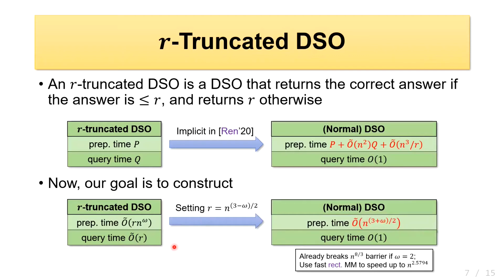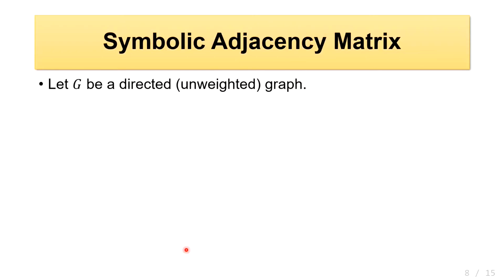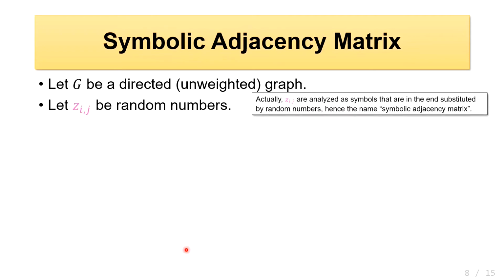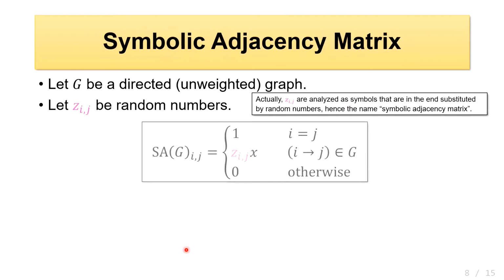Okay, so the main focus of the rest of the talk is how to construct such an R-truncated DSO. And we will use the so-called symbolic adjacency matrix. Let G be a directed unweighted graph. Actually, this technique also works for weighted graphs, but we consider unweighted graphs for simplicity. Let Zij be random numbers.